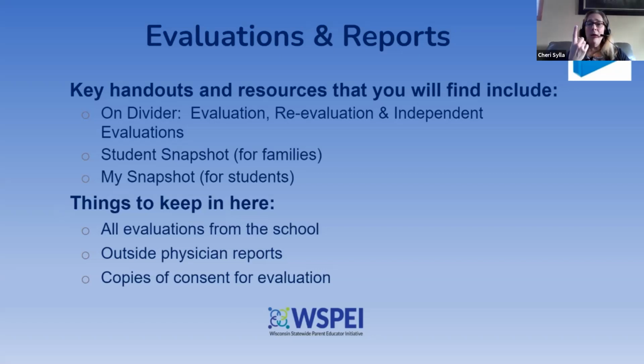And so parents are allowed that one independent educational evaluation. The results come back. The IEP team gets together, looks at those results, and then there may be changes done to the IEP as a result of it, or there may not be any changes. So just know that there are some guidelines in regard to requesting an IEE, and that is listed on there at the DPI website as well.